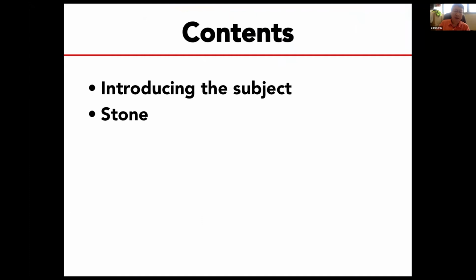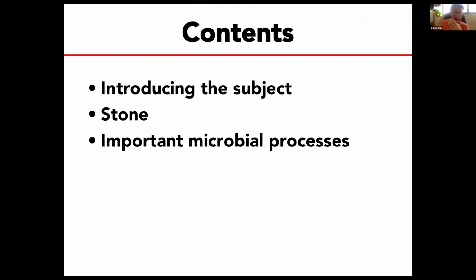To start with, I'm going to give you an outline of what I'm going to talk about in these 15-20 minutes. I'm going to briefly introduce the subject of cultural heritage and biodeterioration, and focus more on stone material as the material of cultural heritage here.